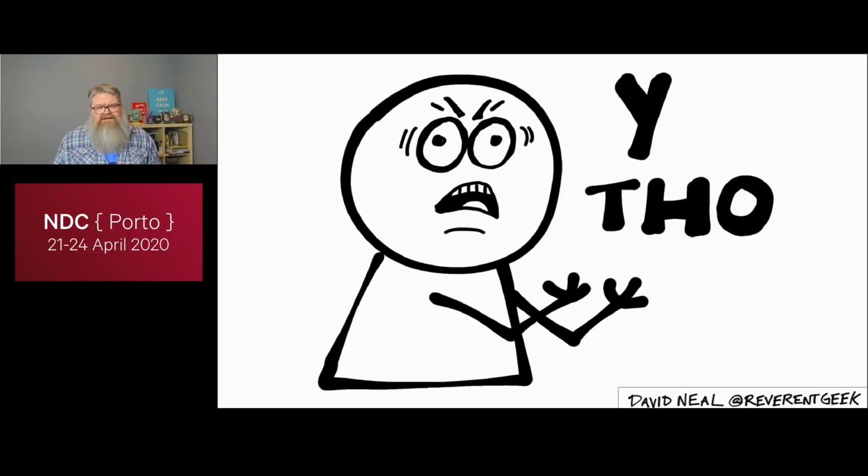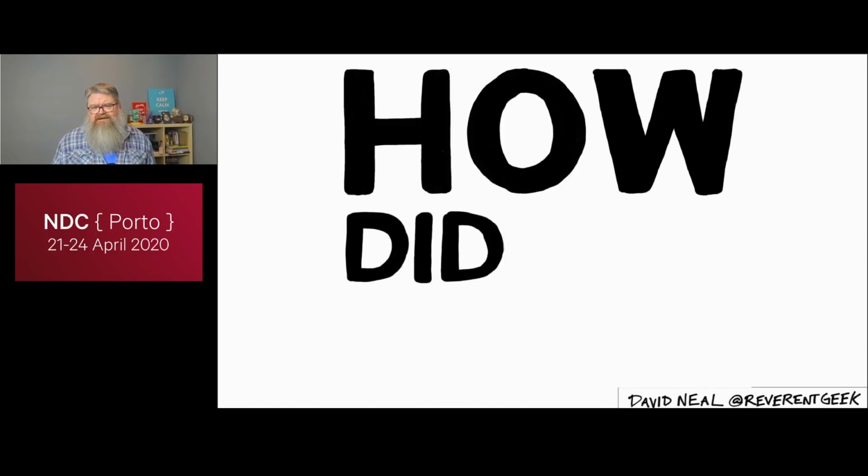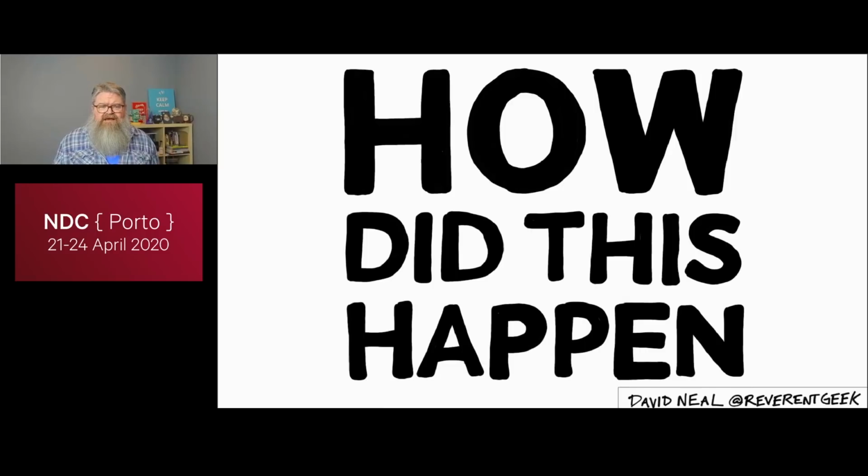Why? JavaScript has been around for years, and we're smart people, right? Why haven't we fixed these things? How did this happen? JavaScript, arguably the most popular, most ubiquitous, most universal, most pervasive language in computer science history so far.